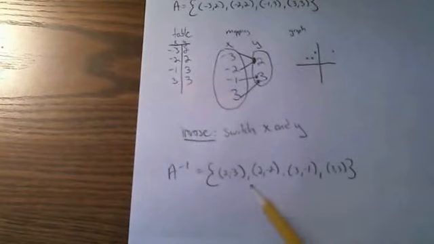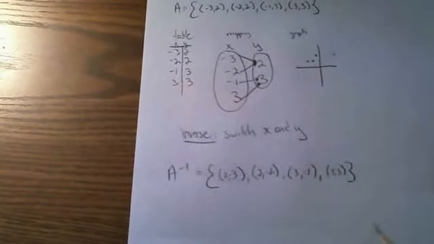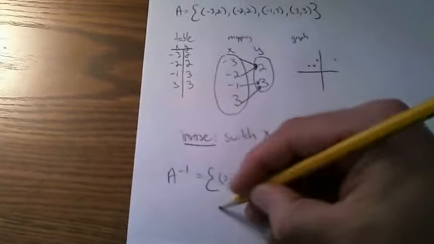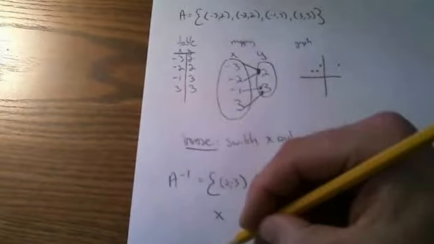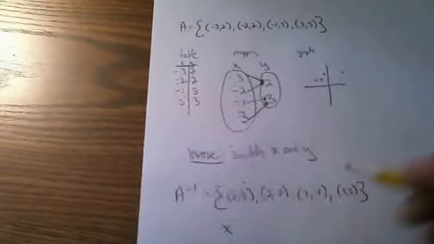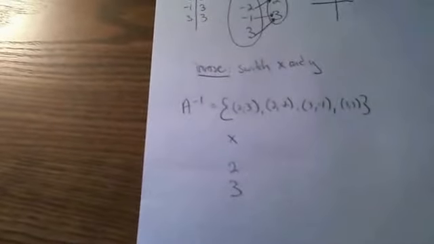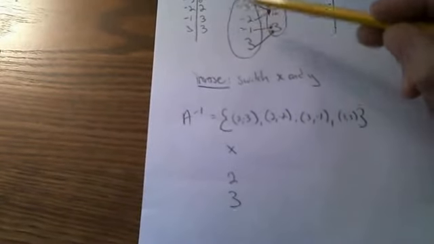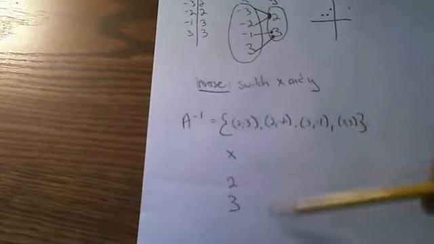So if I want to express this as a mapping, I'm not going to go through the table or the graph, but as a mapping, now my domain members are my old range members, and my old domain members are now my new range members.